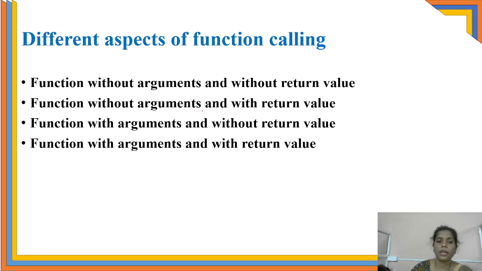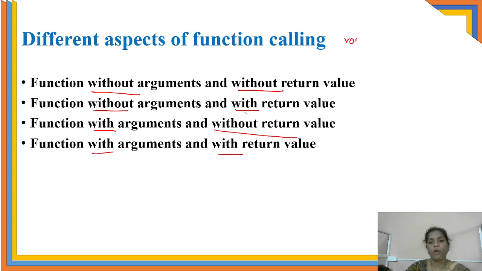So based upon the types of functions, we have four types: function without arguments and without return type, function without arguments with return type, function with arguments without return type, and function with arguments and with return type. I'll tell, for example, without return type means void.